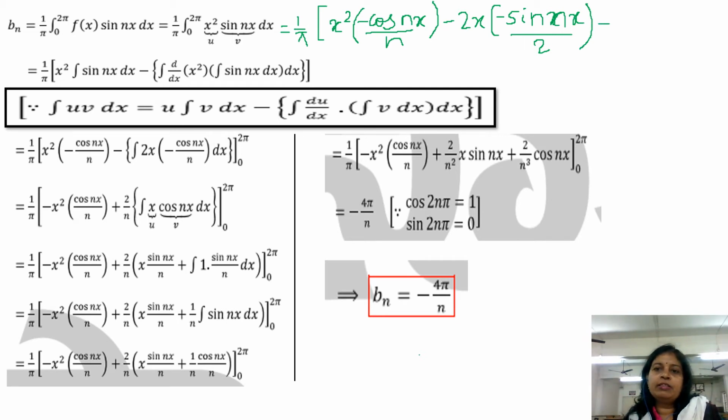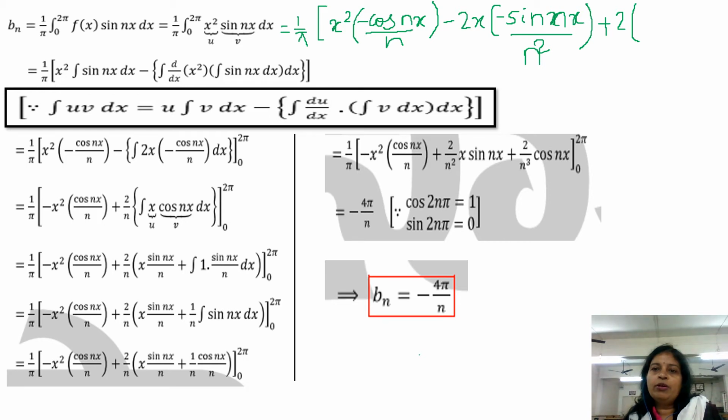and plus 2x differentiation, when you do it, you will get 2, and again integration of sin nx, this should be n square, will give you minus cos nx upon n.